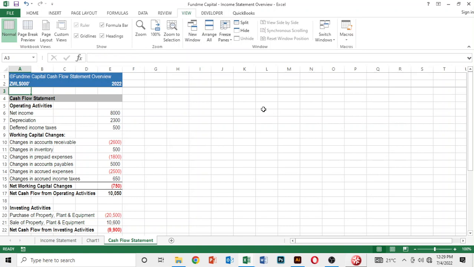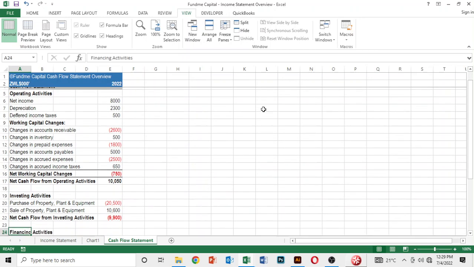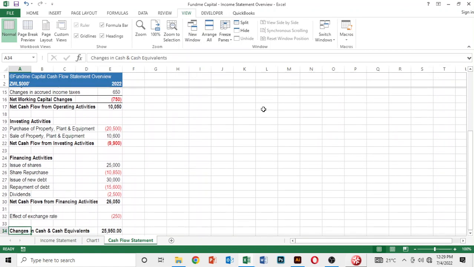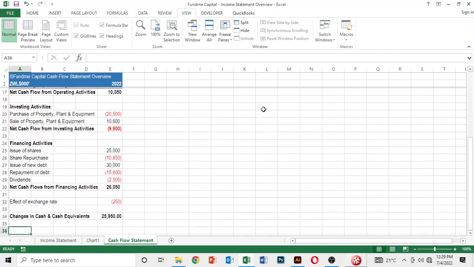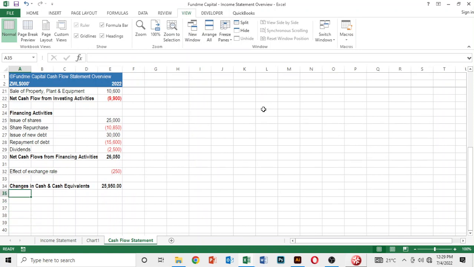That will freeze row 1 and row 2, such that each time we scroll down here, the date, the year that we are operating in remains visible.